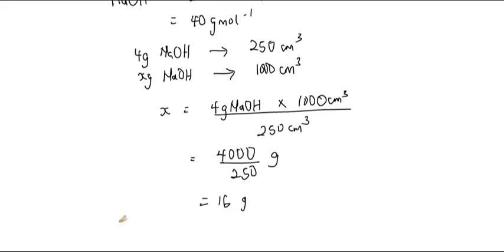So we have X to be 16 grams, which means that the mass concentration of sodium hydroxide is 16 grams per dm³. That is 16 grams of sodium hydroxide is present in 1 dm³.